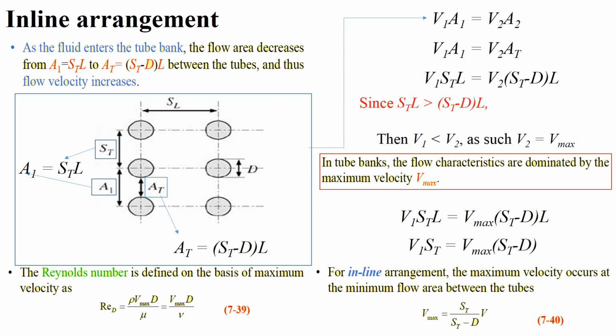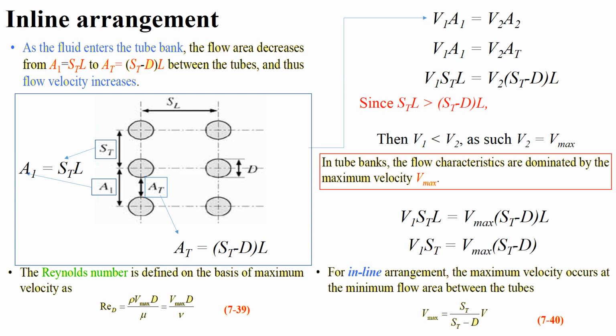So we can see there is a variation in the surface area, and as mentioned here, thus the flow velocity increases. What this means is, from fluid mechanics we know that the volume flow rate in and out should be equal. So from this equation, V1 A1 equals A2 V2. We input the areas as A1 and AT, and replace the area by ST times L for the surface area exactly before the tube, and AT exactly in between the tubes.